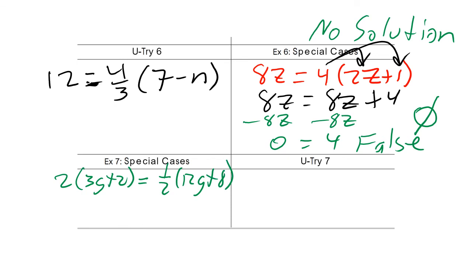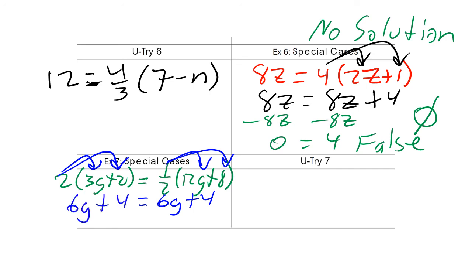This time I am going to distribute because I know half of 12 is 6, so I get 6g here, and half of 8 is 4, so I get positive 4 here. And if I distribute on this side, 2 times 3g is 6g, and 2 times 2 is 4. Look at that. They look like they're the same on both sides.